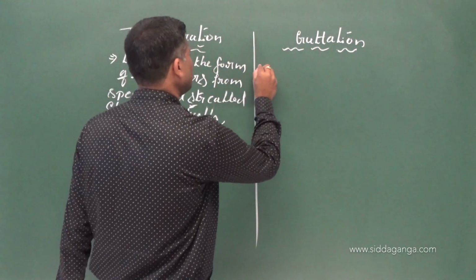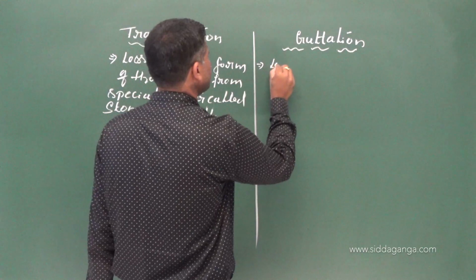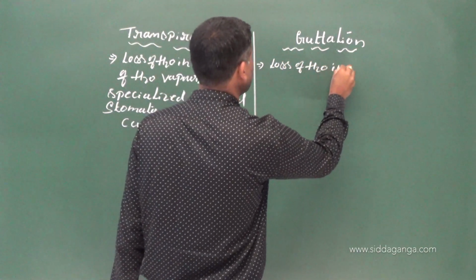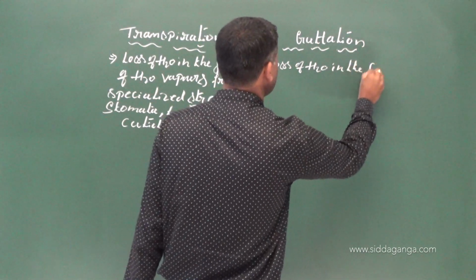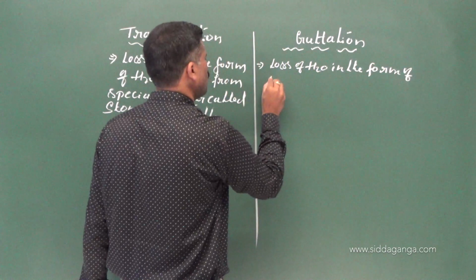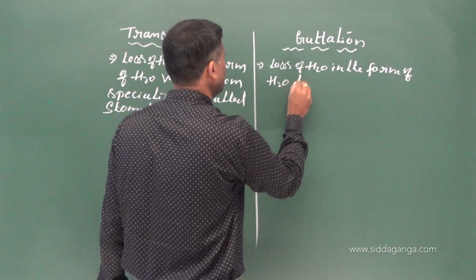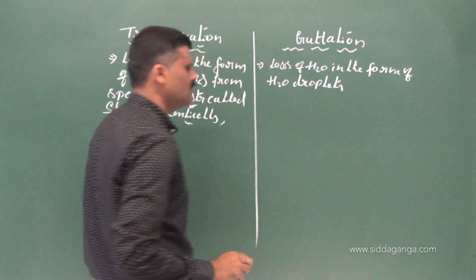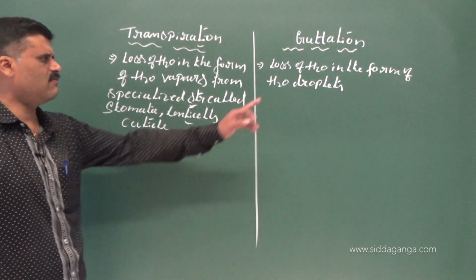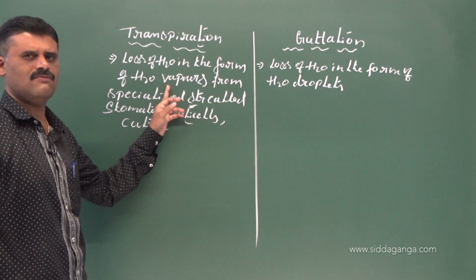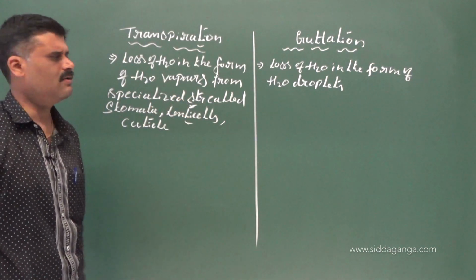But in guttation, the loss of water is in the form of water droplets. So in guttation, the water loss is in the form of water droplets, whereas in transpiration, the loss of water is in the form of water vapors.